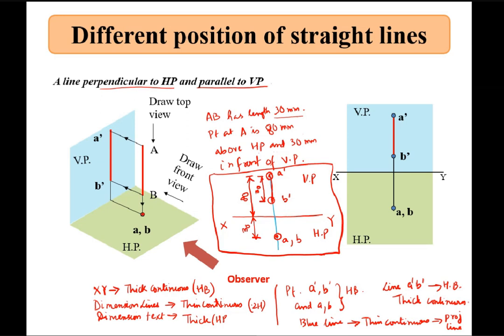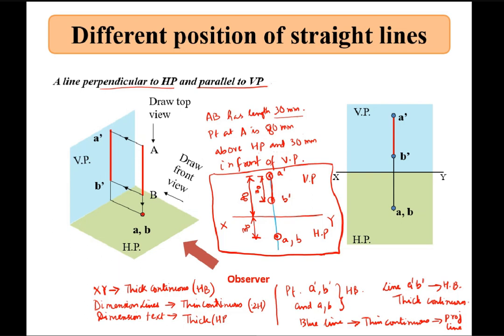Can you tell me how? Sir, A dash, B dash and AB. Exactly. A dash, B dash means front view. AB means top view. Now A dash, B dash is above the XY line and AB is below the XY line. That simply also denotes that this is first angle projection.